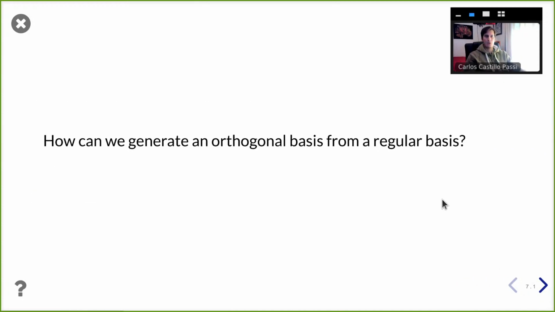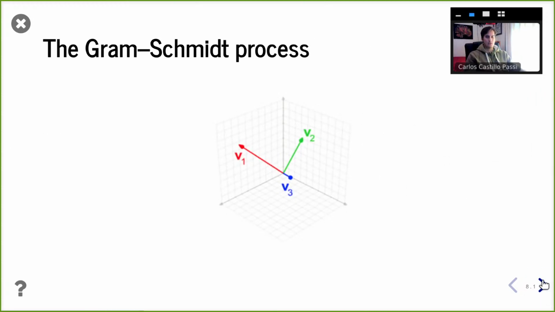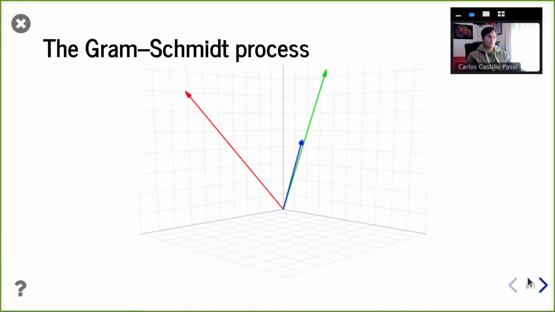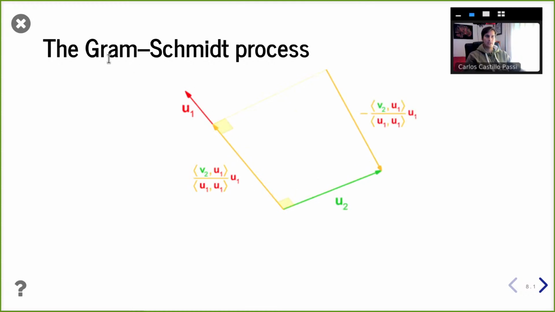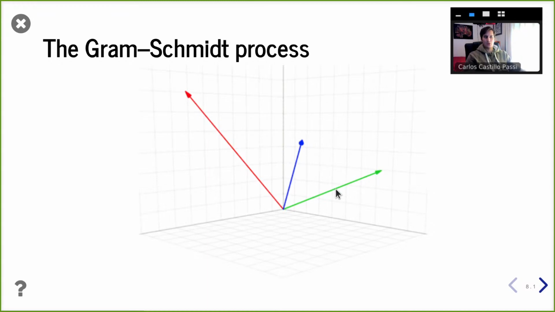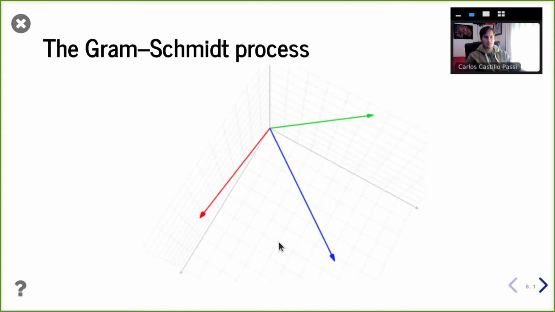So how can we generate an orthogonal basis from a regular basis? This is where the Gram-Schmidt process is relevant. If you have a collection of vectors, you can create an orthogonal basis by using this Gram-Schmidt procedure. Here I'm just showing how the procedure will look, but I will describe it further in the next slide.